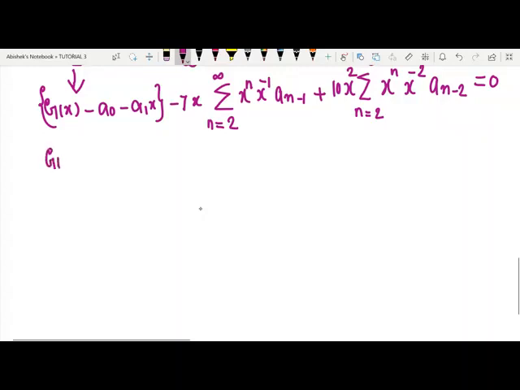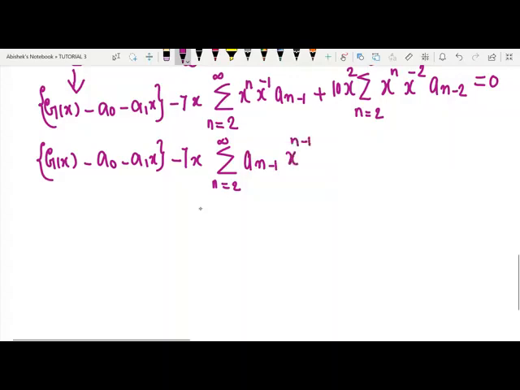So g of x minus a naught minus a1x minus 7 times x summation n equals 2 to infinity a n minus 1 x power n minus 1 plus 10 times x square summation n equals 2 to infinity a n minus 2 x power n minus 2 equals 0.